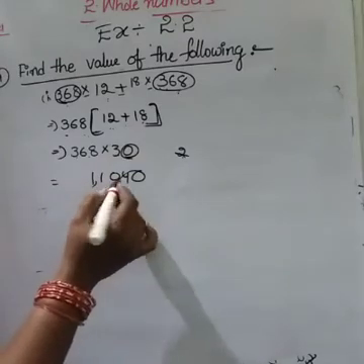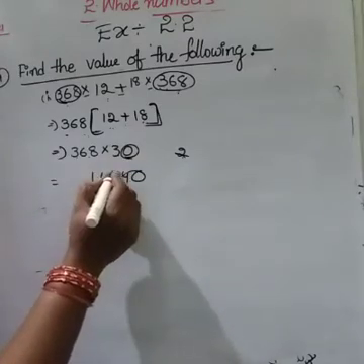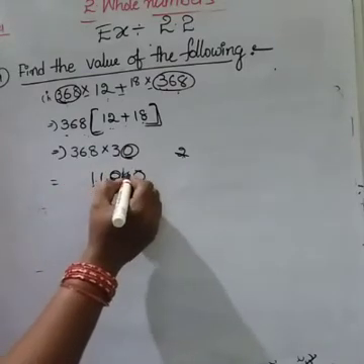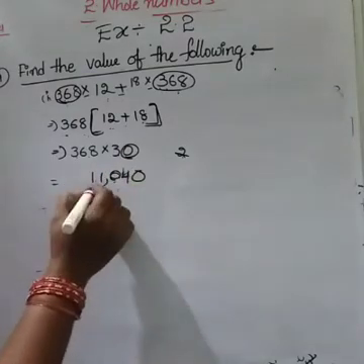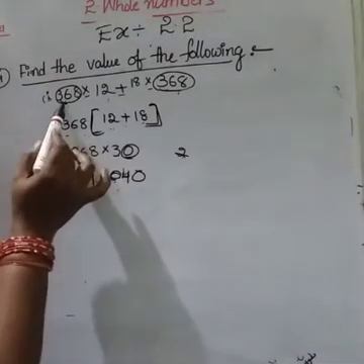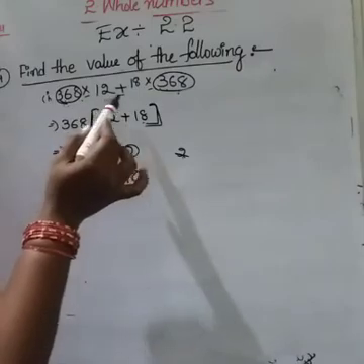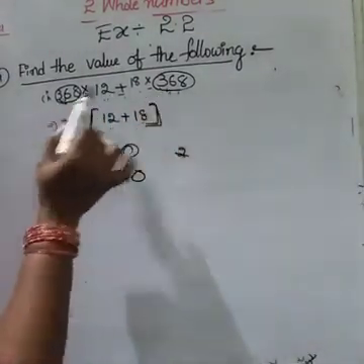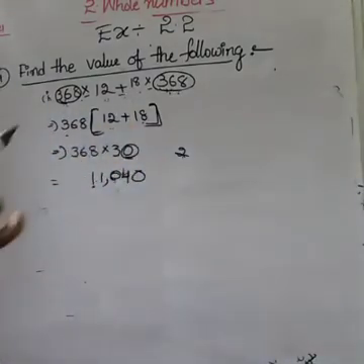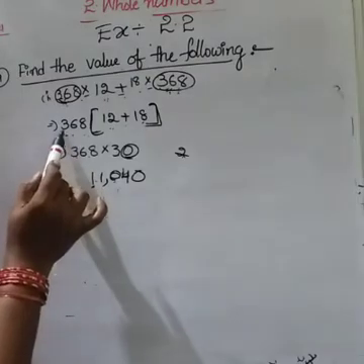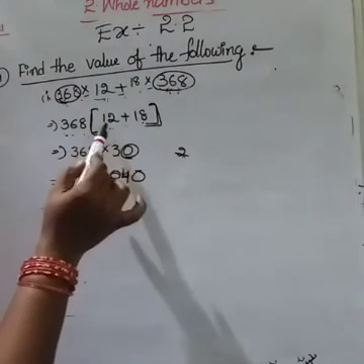So we have to get the product 11,040. Once again I will explain. 368 into 12 plus 18 into 368. In these two numbers multiplied, the same number is there, so we have to take out this common number, 368, remaining 12 in the bracket.